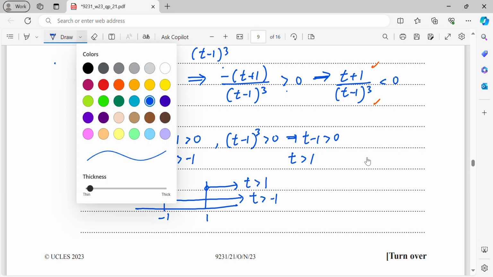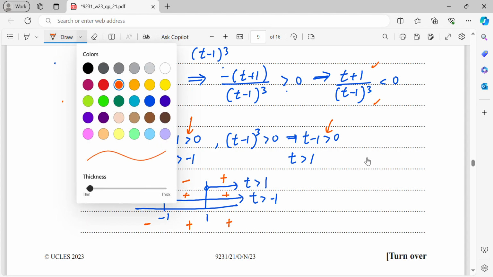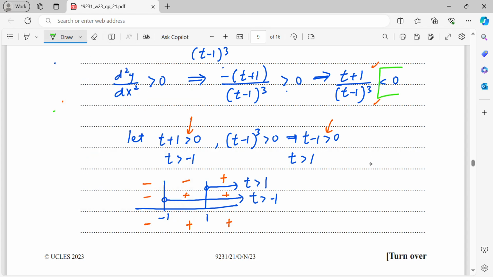Now, I let it be more than 0. Therefore, I will label the values on the line as positive, not on the line as minus. So now when you times, minus minus is minus, minus plus is plus, plus times plus is plus. Final answer, we refer to this inequality, which is less than 0.